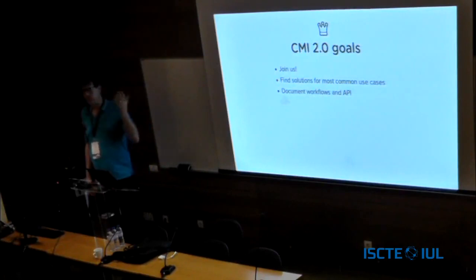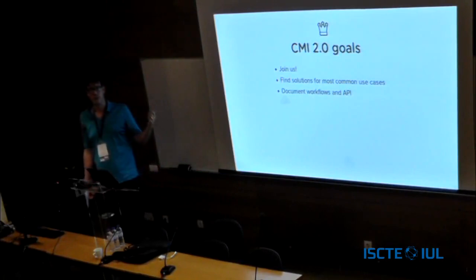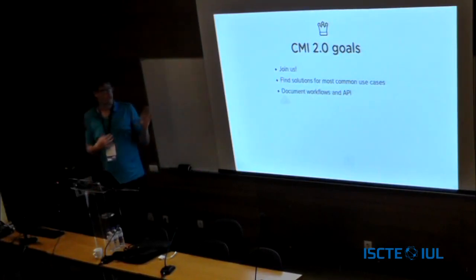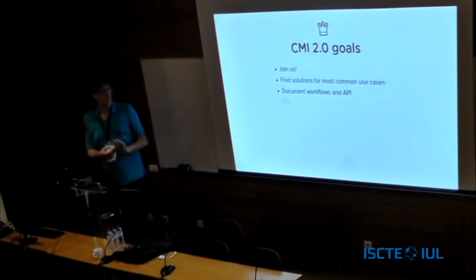So the goals of the CMI2, just to summarize, is recruit as many people as we can, so join us, especially if you have use cases that I now kind of covered. We want to hear from you which things core needs to absolutely provide and where we can just have the API that then you can build your own things.